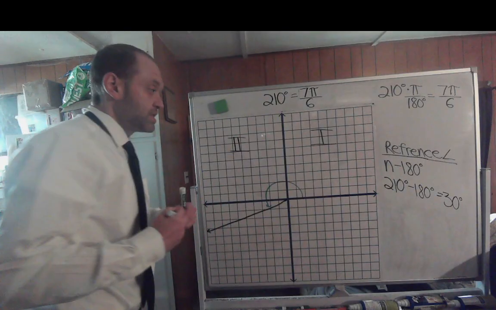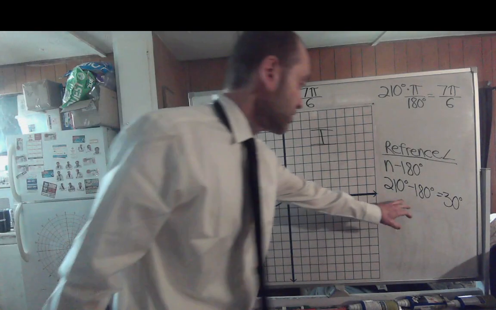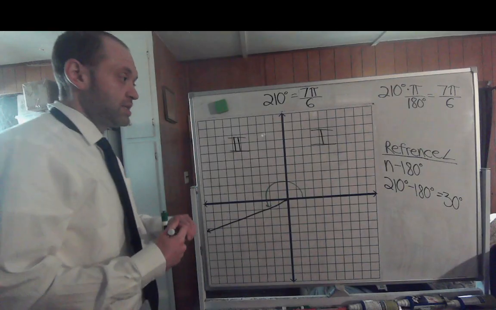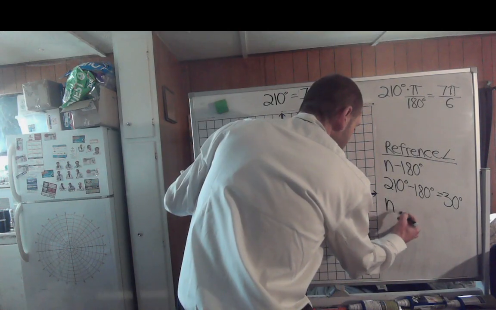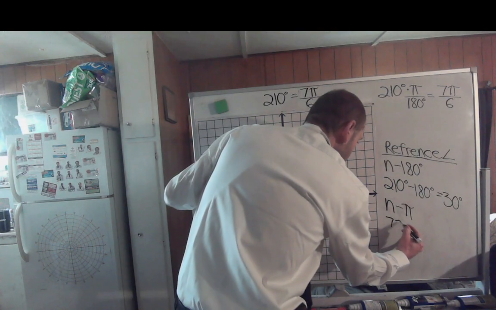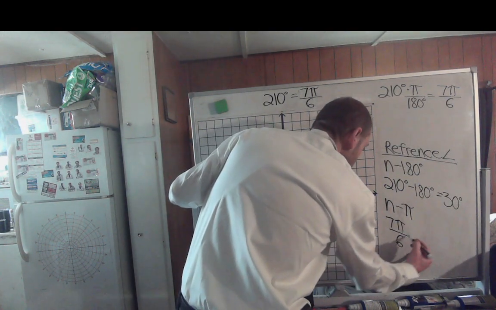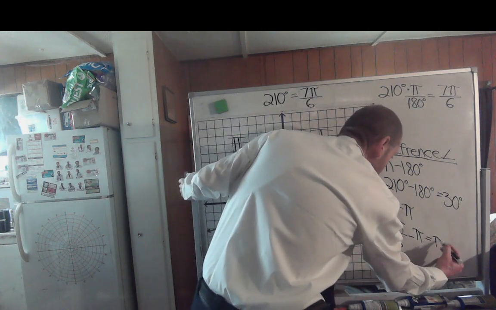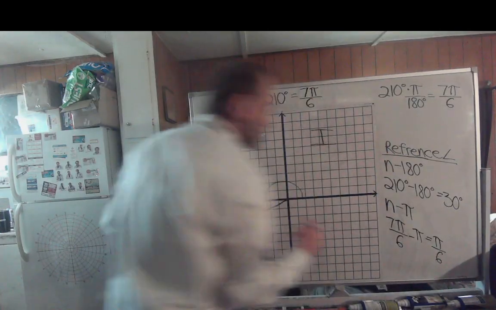So the 210 degrees behaves as a 30 degree angle in the third quadrant. Or if you want to do this in radians, you take the number of radians minus pi. In this case, that's going to be 7 pi over 6 minus pi, which would behave as a pi over 6 angle in the third quadrant.